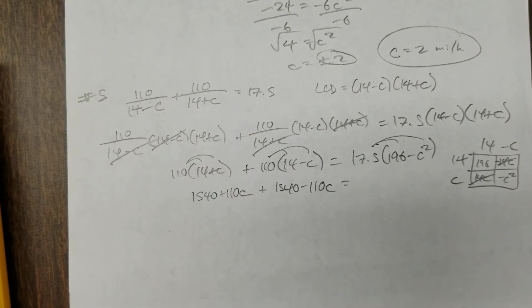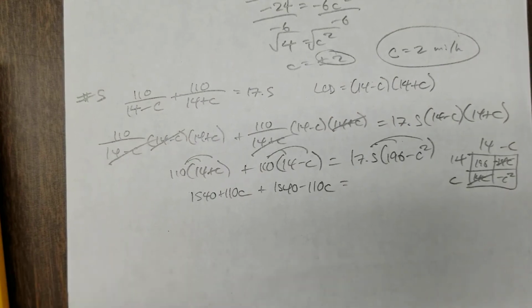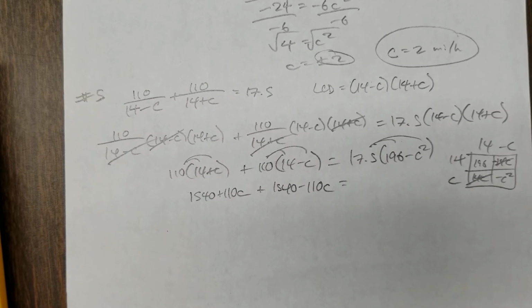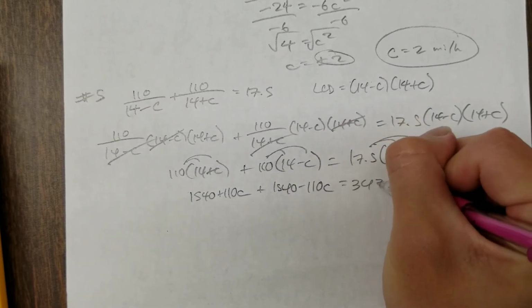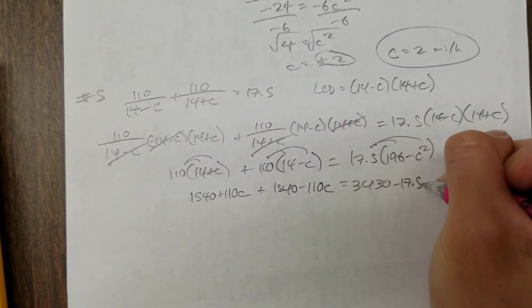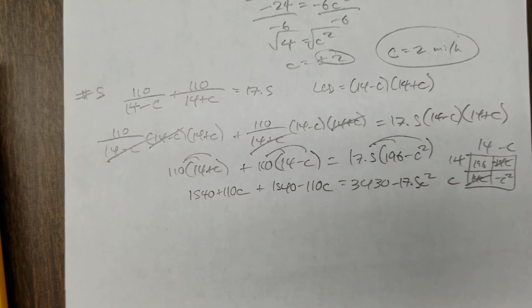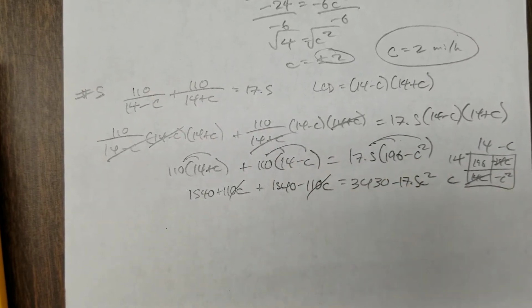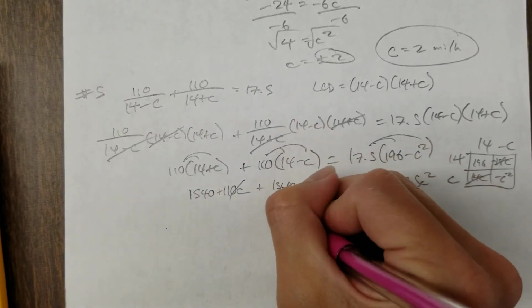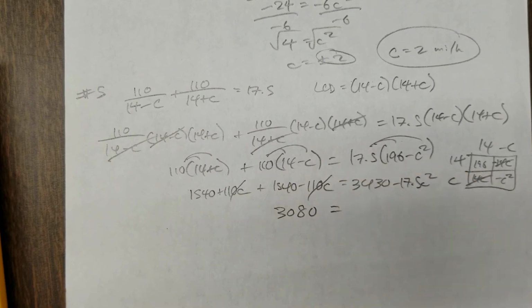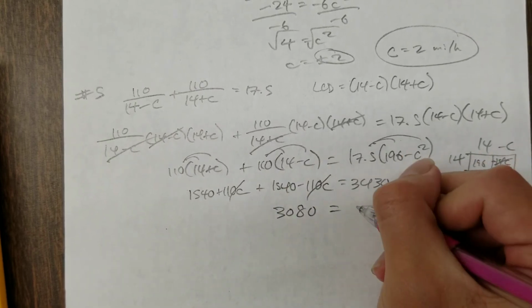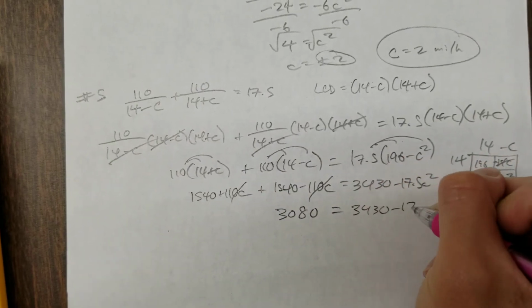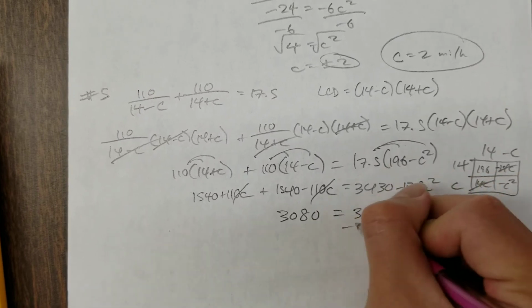Okay, and then 17.5 times 196 is 3430 minus 17.5c squared. Now I see this cancels out with this. 1540 plus 1540 is going to be 3080, and this is 3430 minus 17.5c squared.